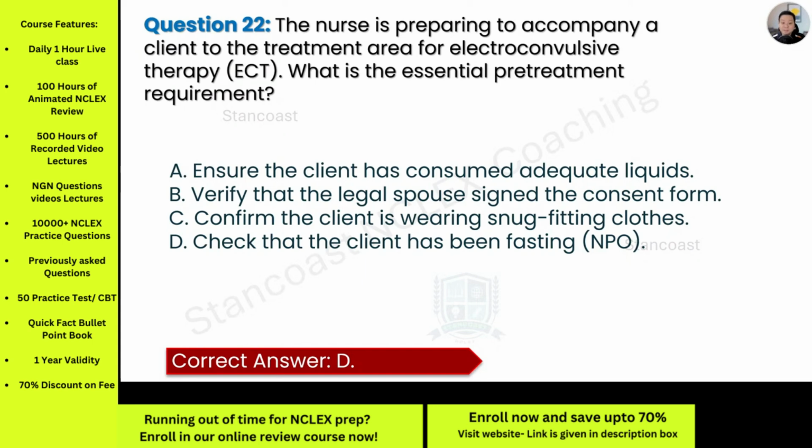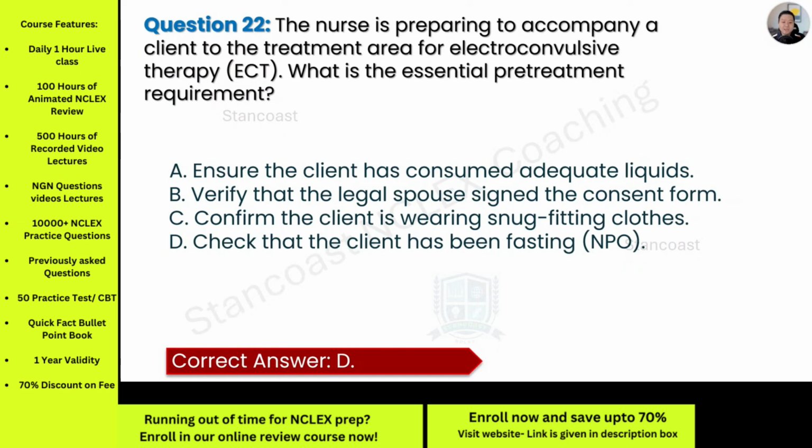You don't want this. Letter B is also incorrect because the consent must be signed by the client, not their spouse. Letter C is also incorrect because loose fitting clothes are recommended for comfort and safety.